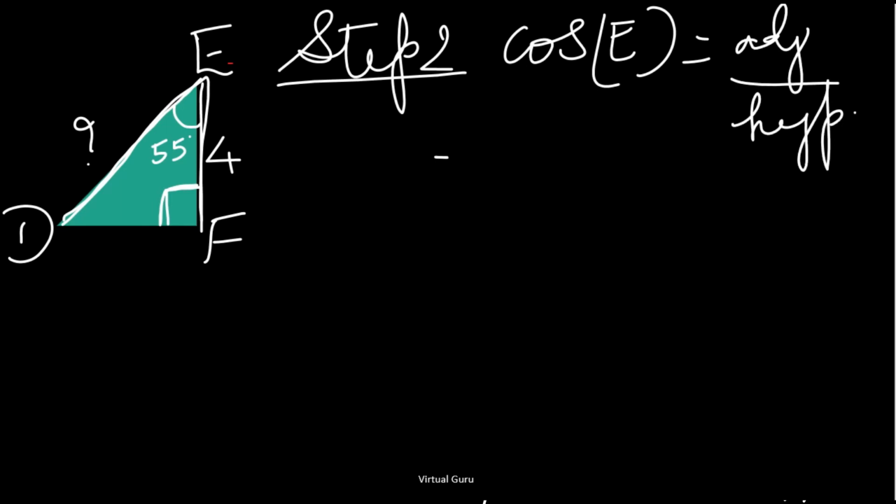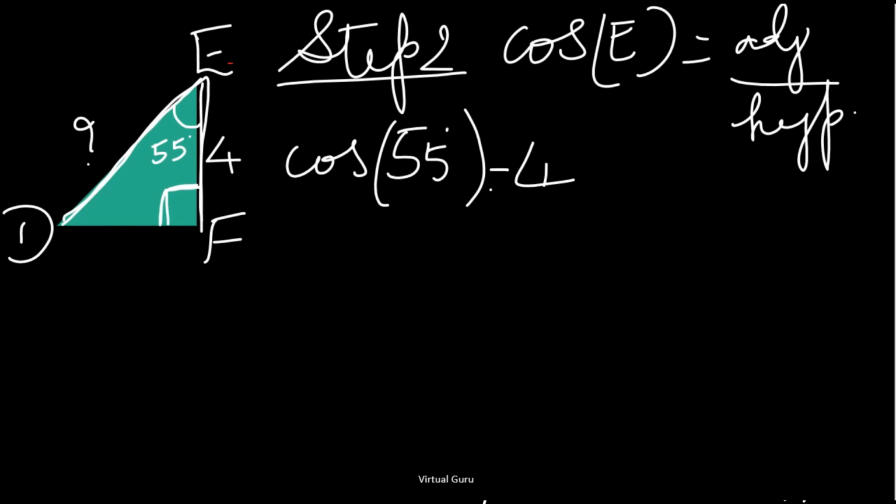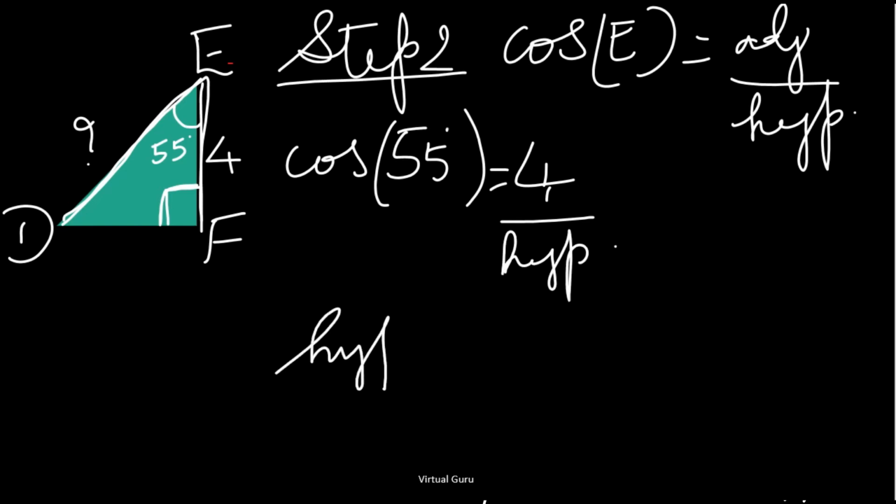For 55 degrees, adjacent side will be 4. Then the hypotenuse remains yet to be found. And now what is the hypotenuse? Hypotenuse is 4 divided by cos 55.